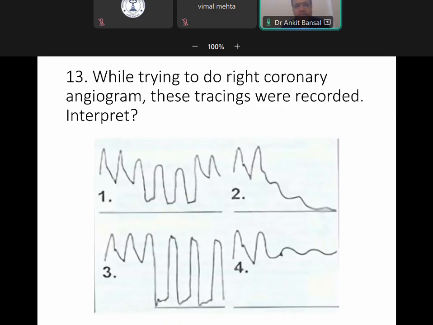So again, to revise, somebody is trying to do the right coronary angiogram, and these 4 tracings were recorded by 4 different persons while doing a right coronary angiogram. Can you describe all these 4 traces? So what is happening in trace 1? It is similar to the previous 2 questions.